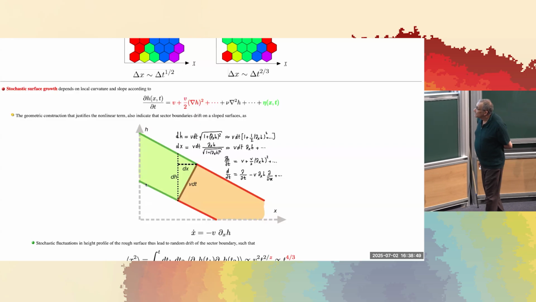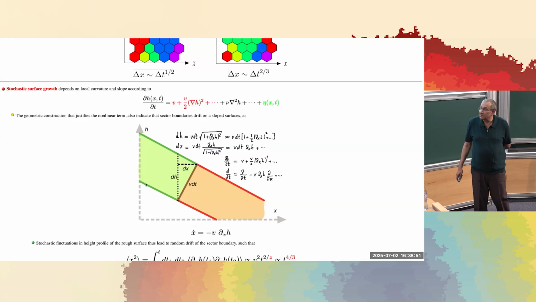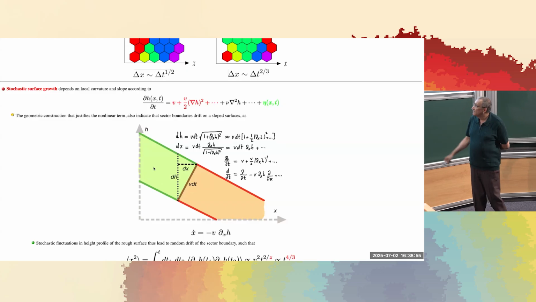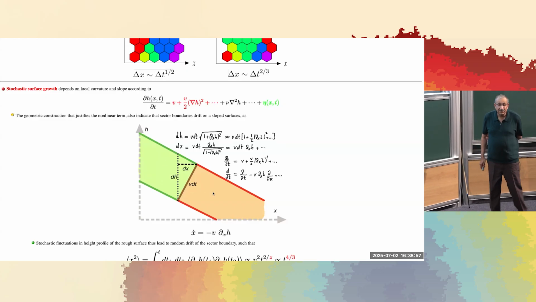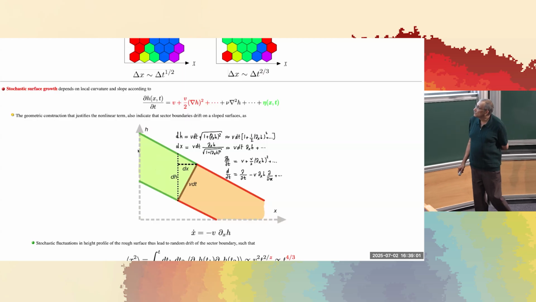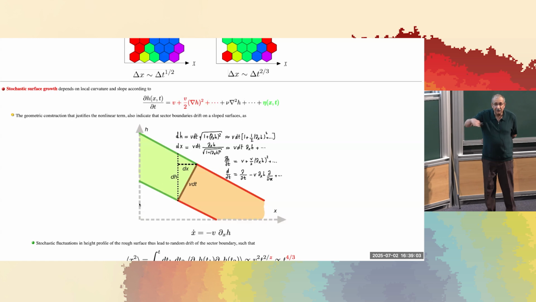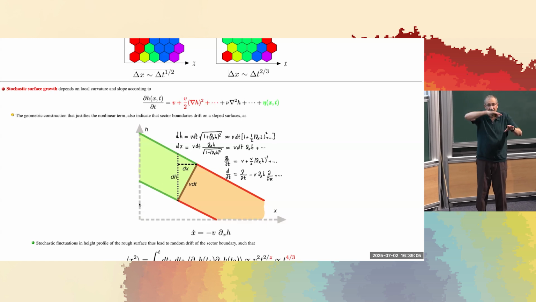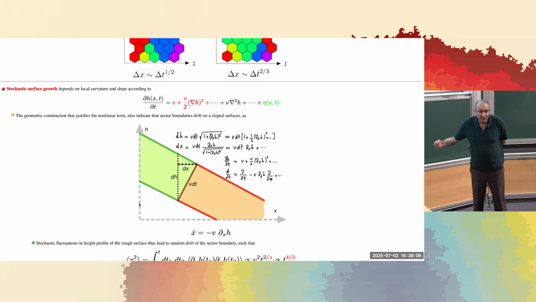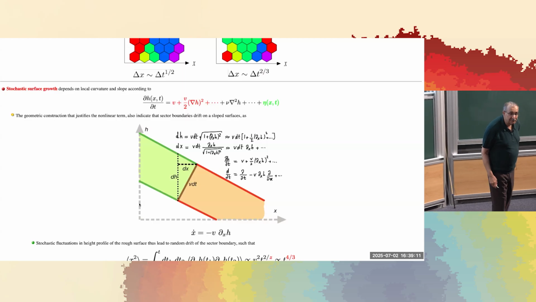Let's imagine that at some point in time, our boundary has fluctuated, and locally it looks like it has some particular slope. So the height as a function of position, if you look at the boundary, is not flat, it is at some slope. The slope is, of course, dh by dx locally.